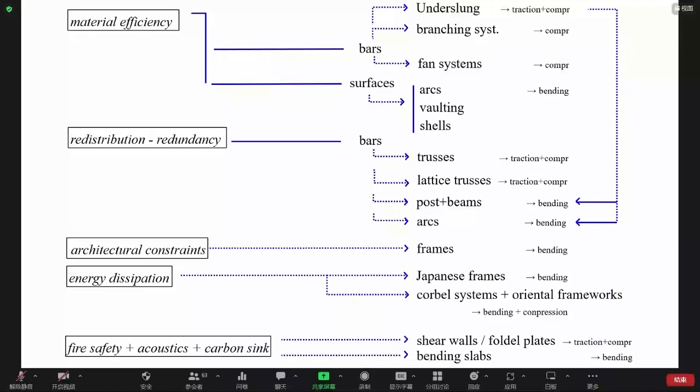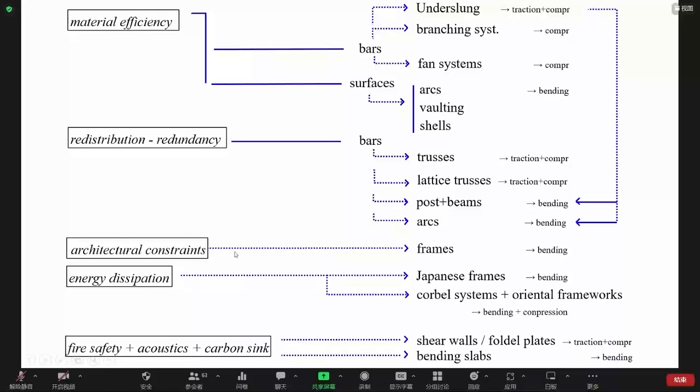If you are looking for material efficiency, or redistribution for plastic design and redundancy in structure, if you want to follow architectural constraints, if you want to dissipate energy against, for instance, earthquakes, or if you want to guarantee fire safety, acoustics, and carbon sink in your building, you have totally different philosophies of structure.